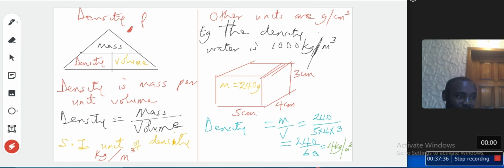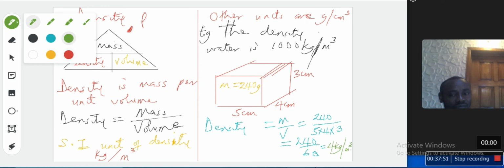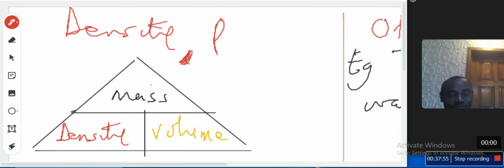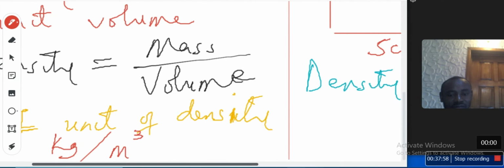Check it with the calculator. So, if volume increases, what happens to density? It decreases. So for a constant mass, if volume increases, density decreases.